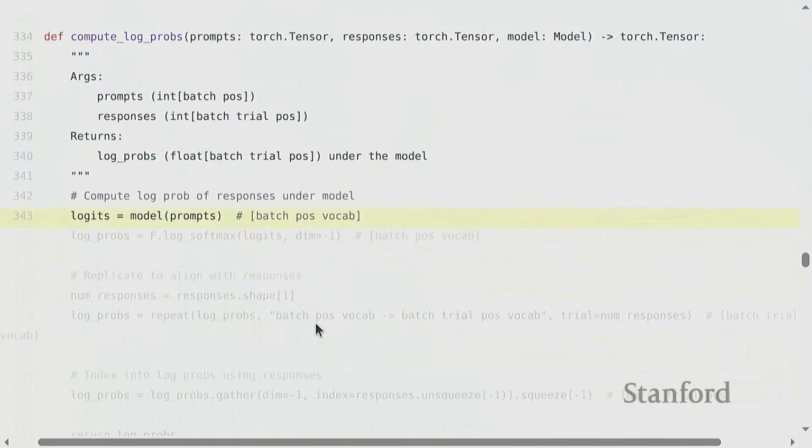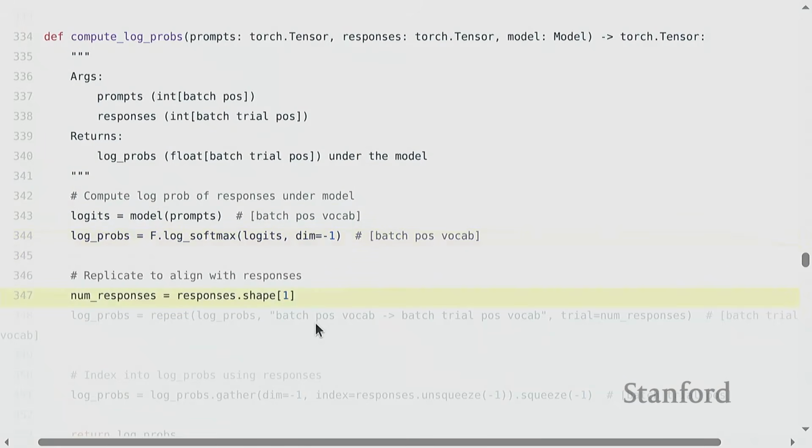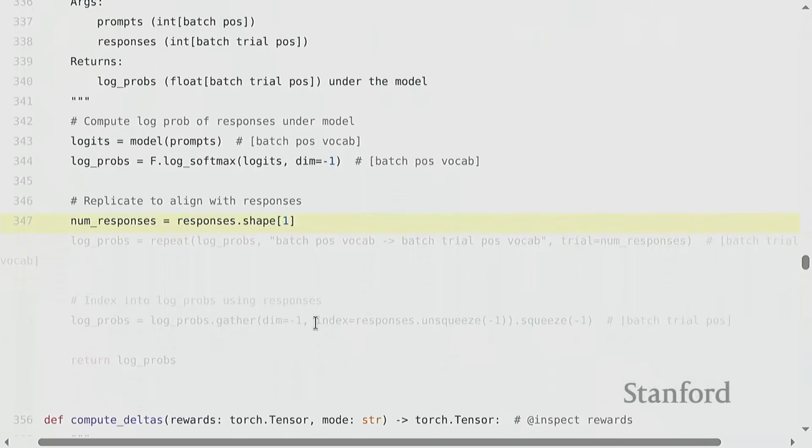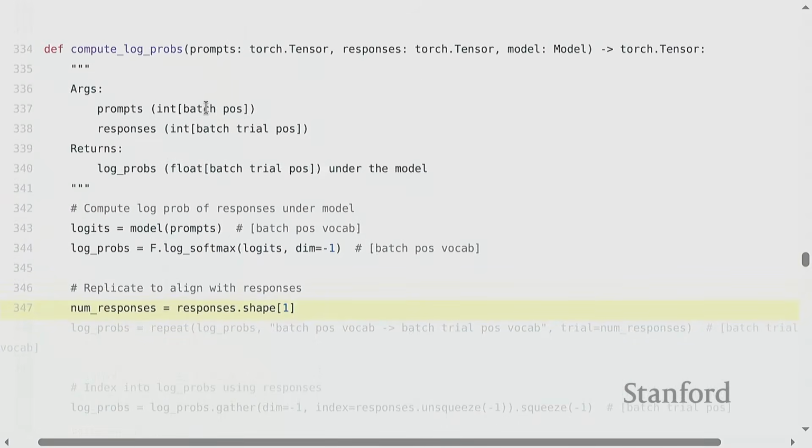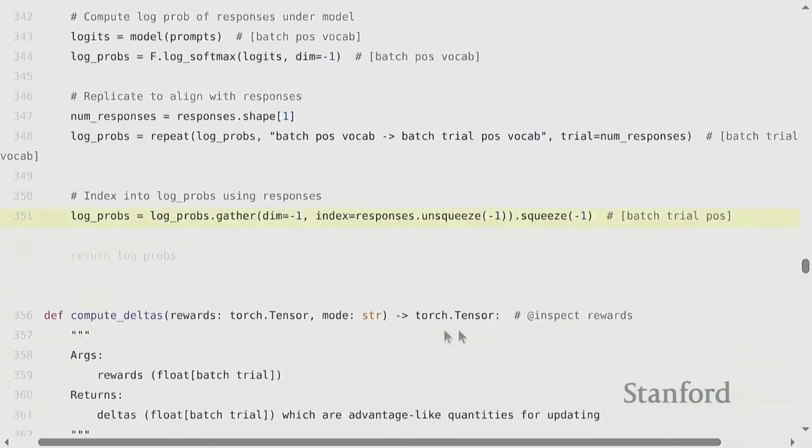I pass this through the model, convert the logits into log probs, and then there's some shenanigans because the prompt is only batch, pause, and responses has an extra dimension in there. So I'm just going to upcast these log probs to that higher dimensional tensor, and then I'm going to index log probs using the responses.